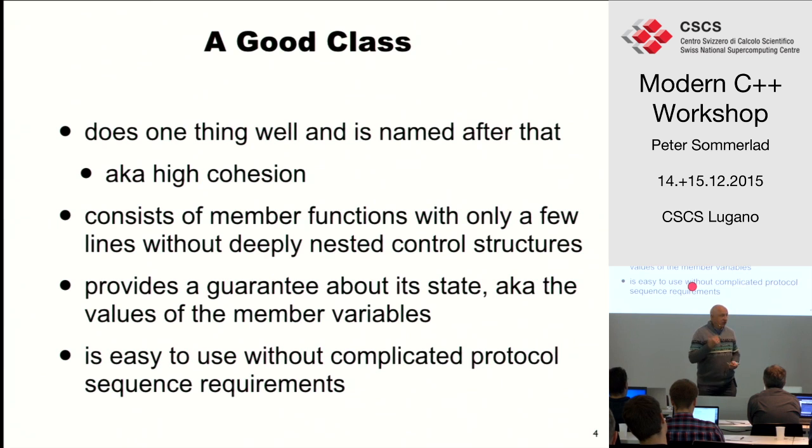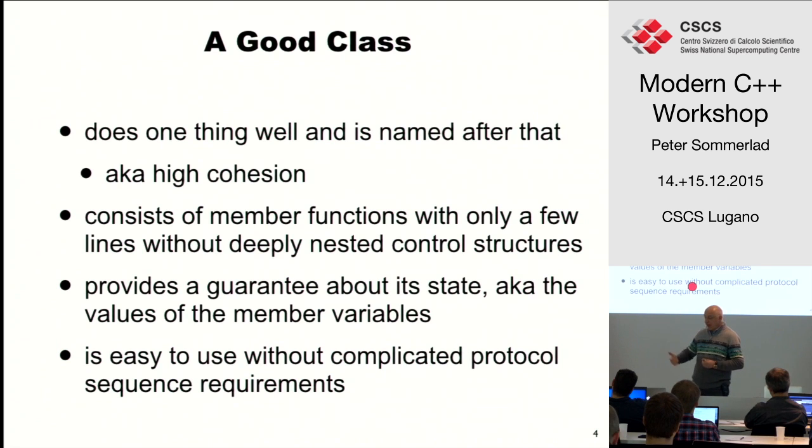And also a good class is useful without following a complicated protocol. Anytime you need, let's say, a user manual to a library that says to you, first do this, then do that, then do that, and if you mix up the sequence, anything can happen, that's a very bad API design.